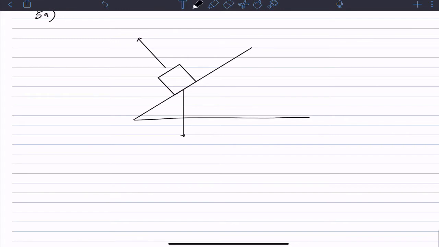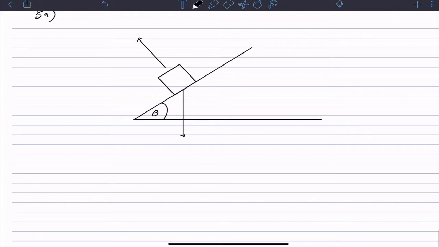We're going to have a weight force as usual, pulling straight down. We're going to have a normal force pushing off of the ramp. And what else are we told? Well, we're given the angle for the bank.